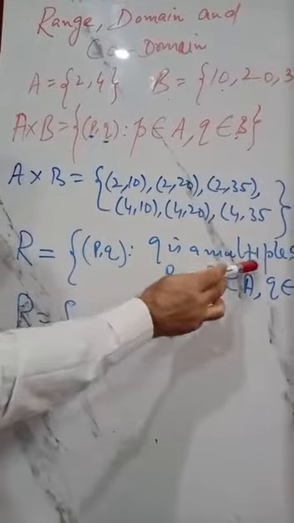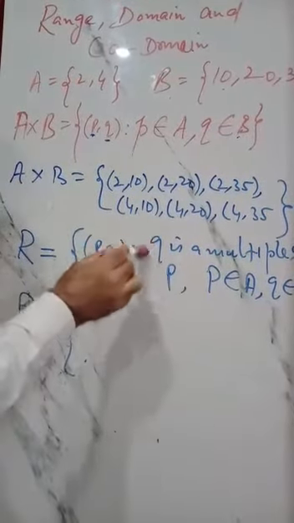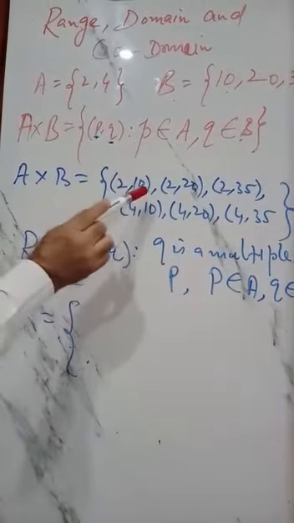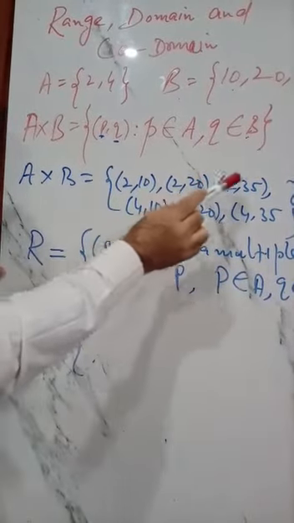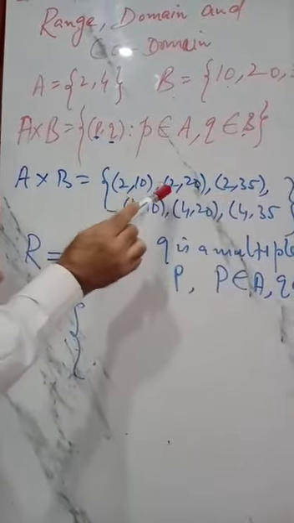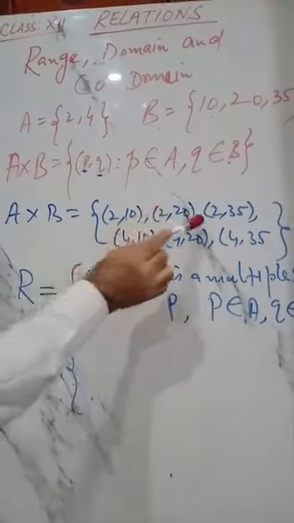Q is a multiple of p. These are the q's: 10, 20, 35, and p is 2 and 4.